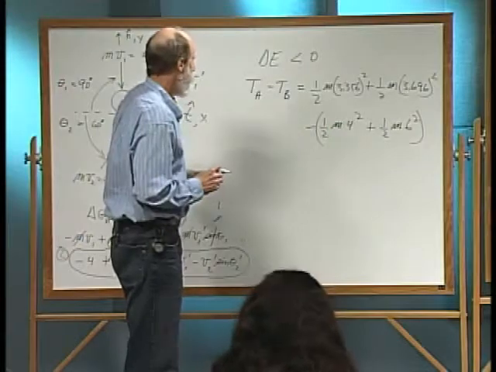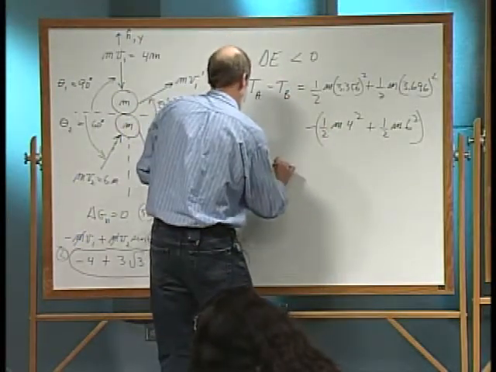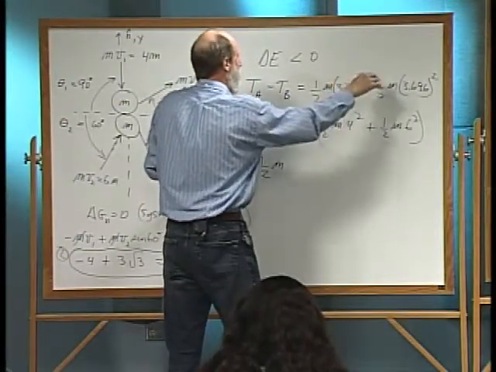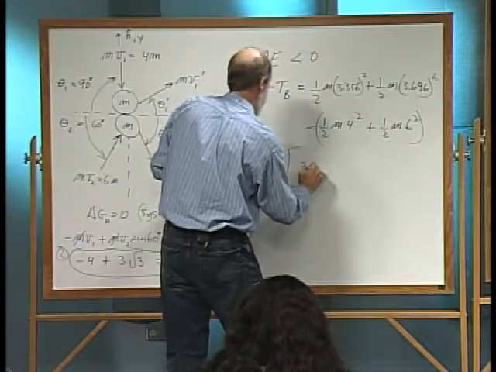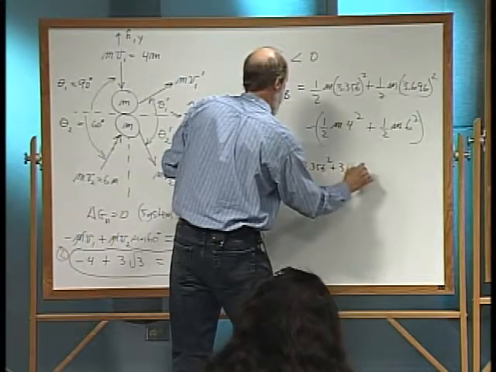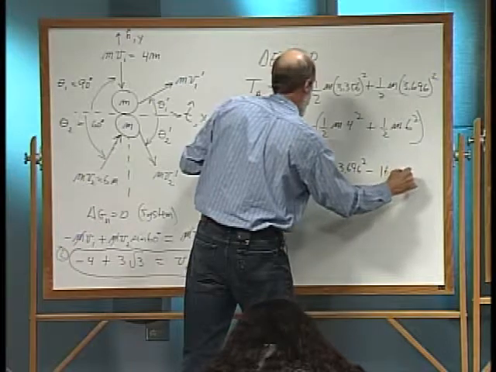Okay. So we're going to pull out a 1/2 m, and then we're going to get these. It's going to be a 3.356 squared plus a 3.696 squared minus 16 minus 36.